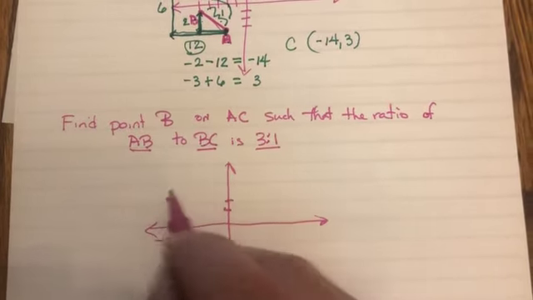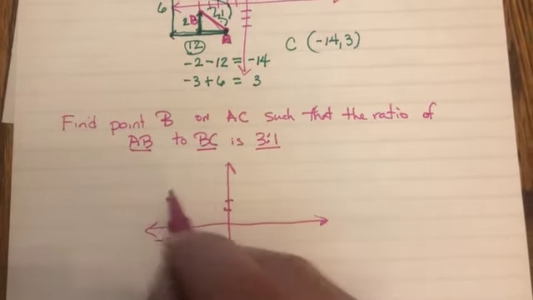And I want to find a point B somewhere on that segment, so the ratio from A to B to C is 3:1. So I want A to B to be 3, and I want B to C to be 1.